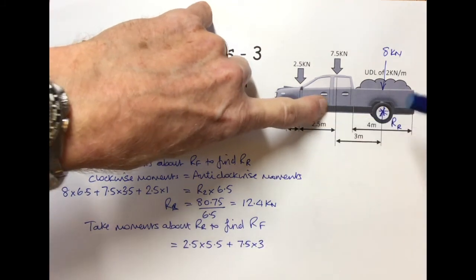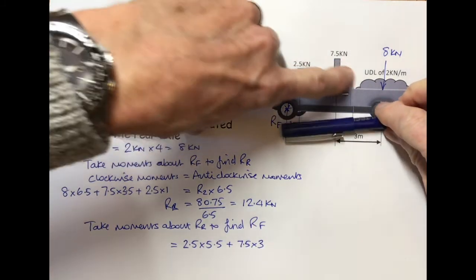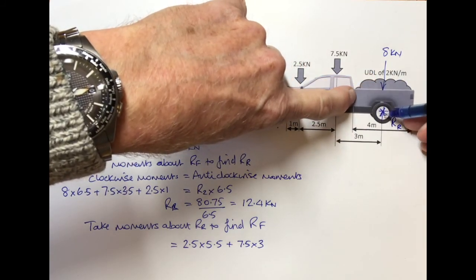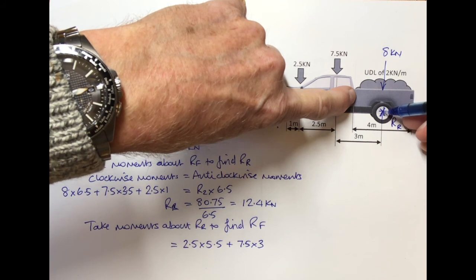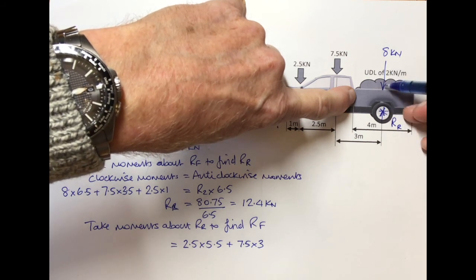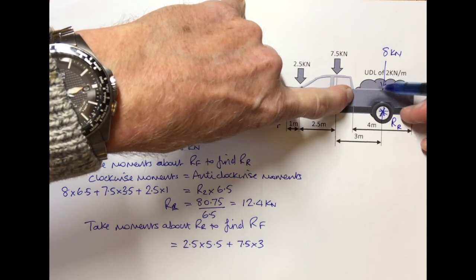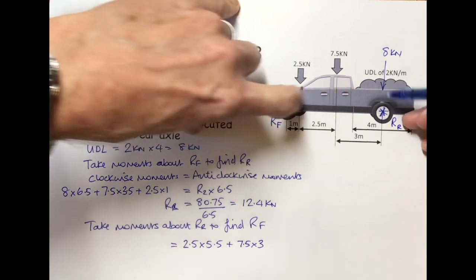So that one there, and then this force here, because the UDL is actually acting through the pivot, we can ignore that because there's no moment there, because the distance is 0 from the pivot since it's acting in a straight line there.